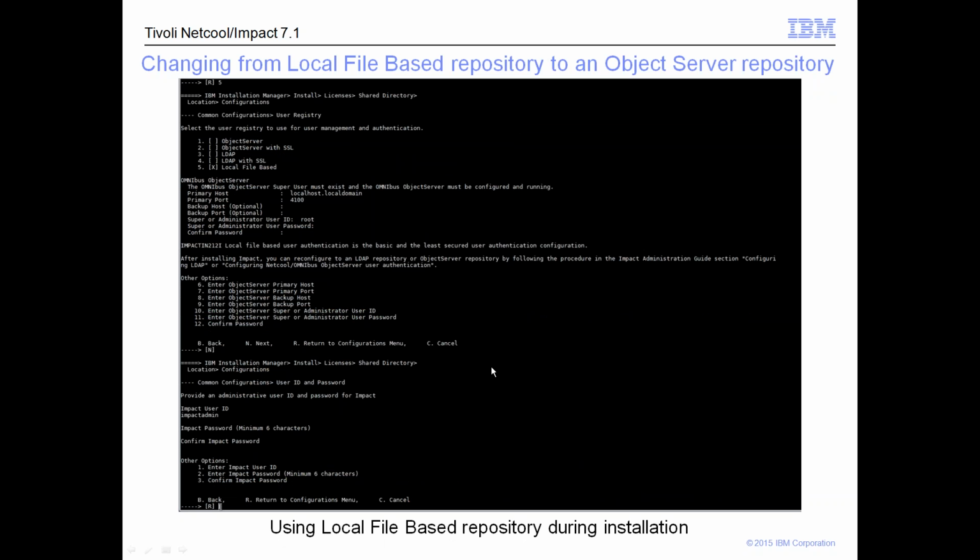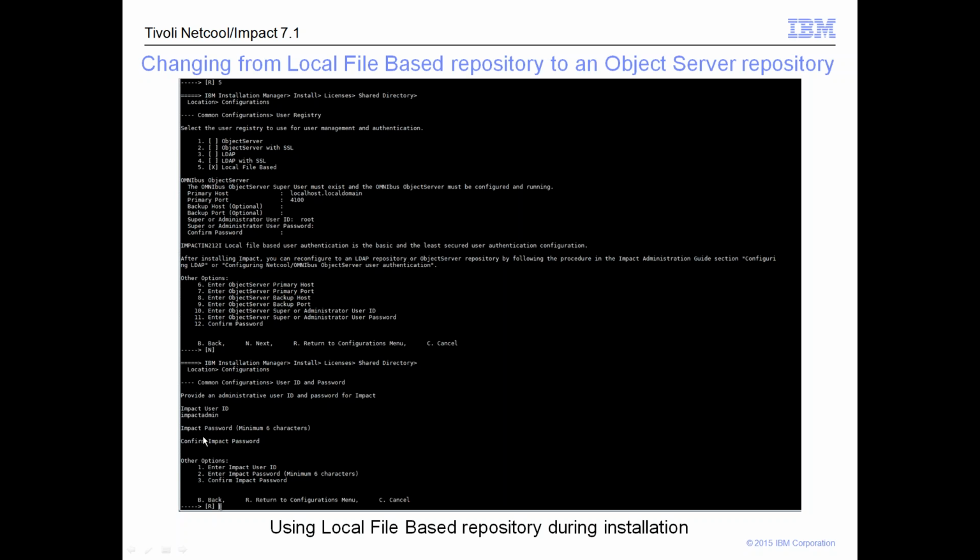During installation, we chose local file base, and the impact administrative user is the default user for local file base. So that user gets set up with roles. I think it's just the impact full administrator role, I believe, is how it's set up post installation.